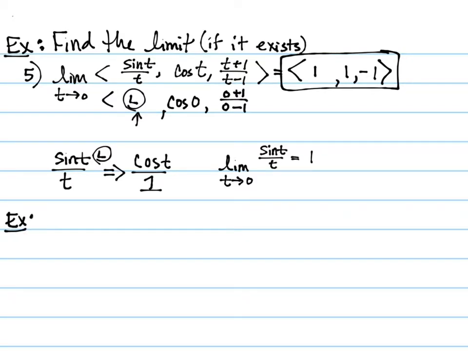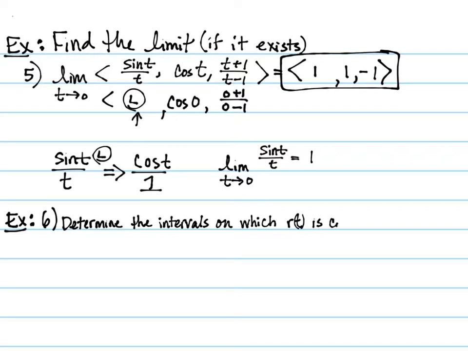So this is example number 6. We're going to determine, this kind of goes back to the very beginning problem that we did, the intervals on which R of t is continuous.